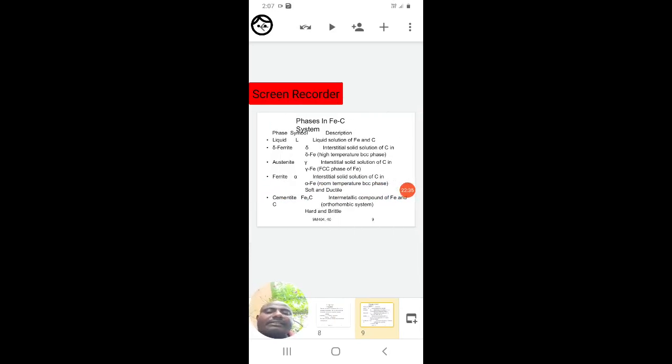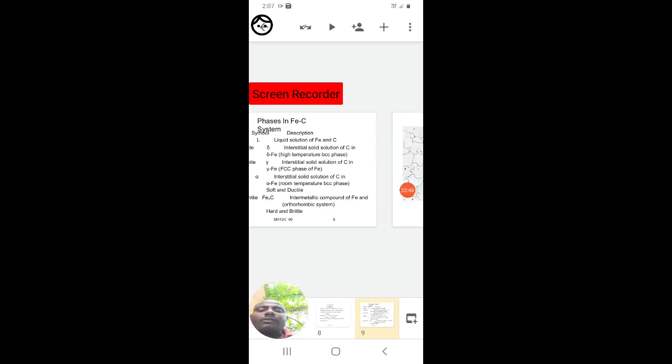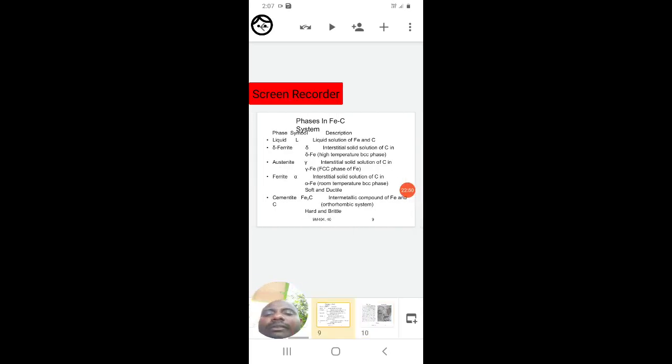So, phases in the iron carbon system. Once again, L means liquid, a solution of iron and carbon. Delta ferrite is an interstitial solid solution of carbon in delta iron, BCC phase at high temperatures.